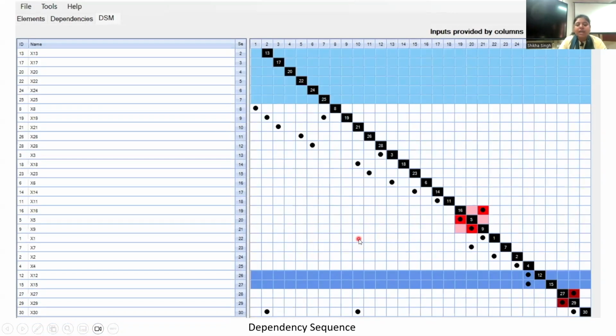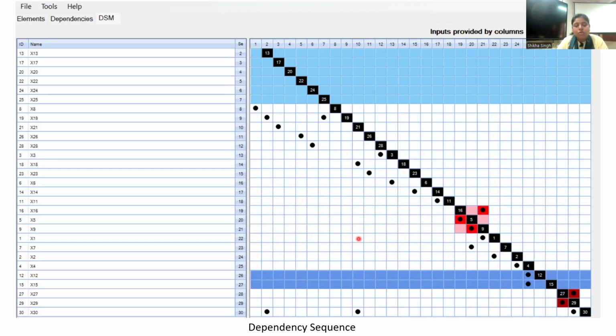So you see the first iteration of the dependency sequence, right? In this, the first step has been done, that all the empty rows are at the top. This is how it will be very easy for us to identify how things are rearranging.